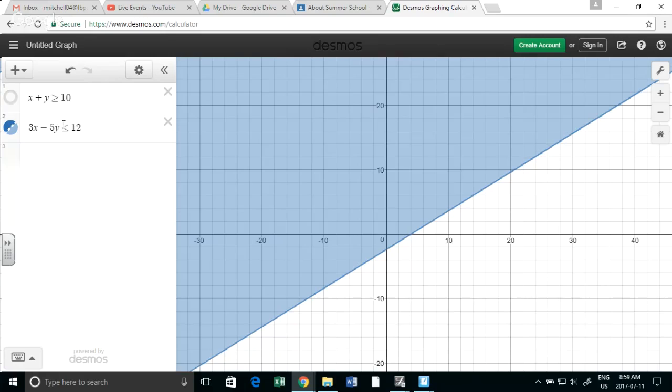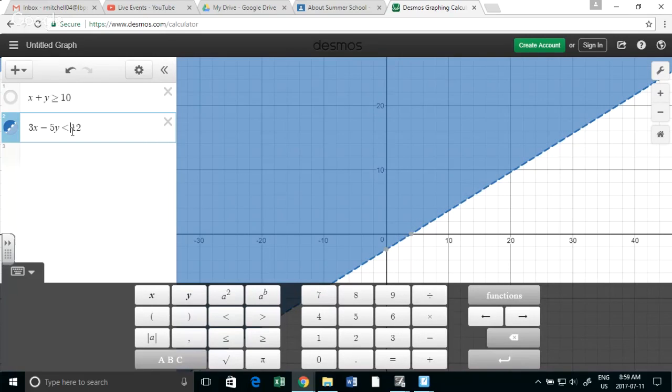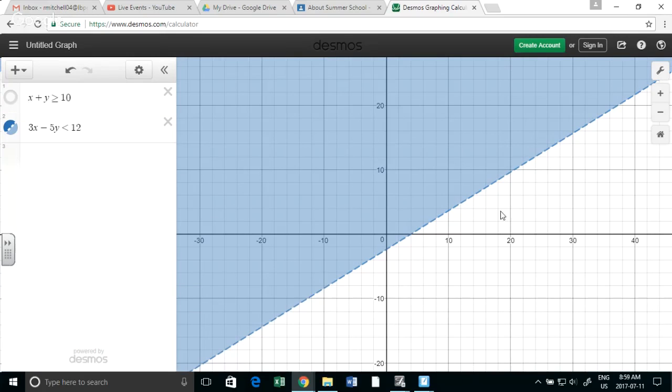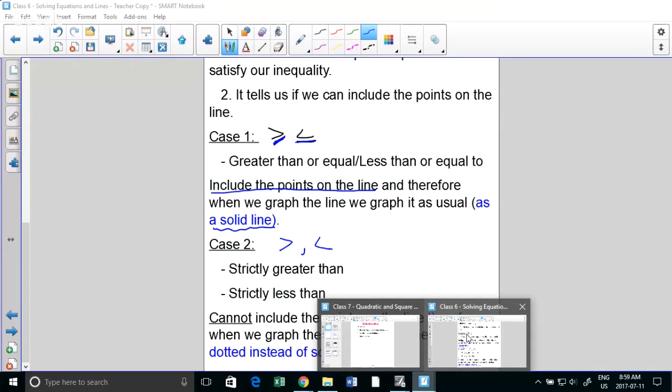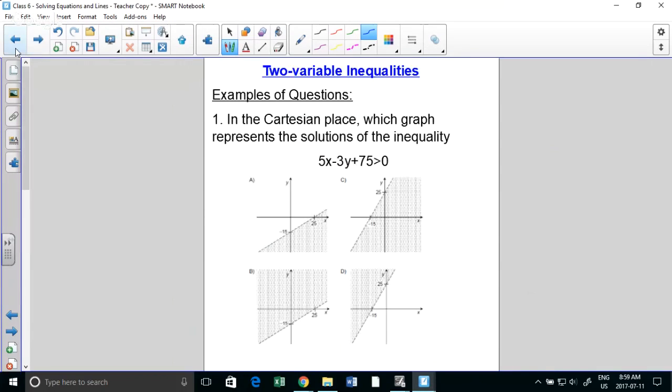We have less than or equal to, so we have the solid line. If I take away the equal to, it doesn't change my region, it just turns the line from solid to dotted. But we still have all of these shaded points that give us a true inequality.